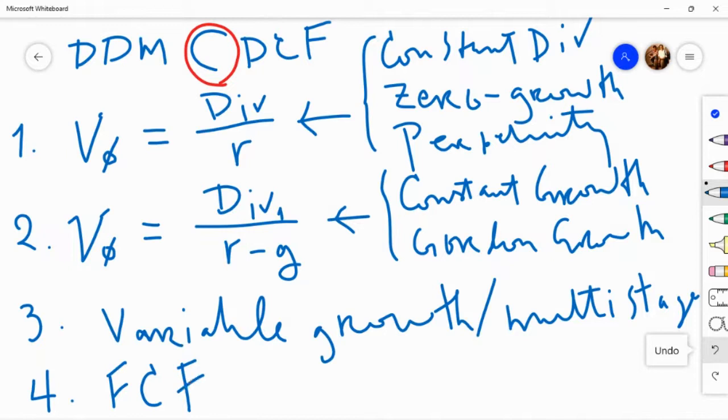Now, actually, the third and fourth models are an application of number 2, so I won't put down any structural model for that. Now let's think about it.